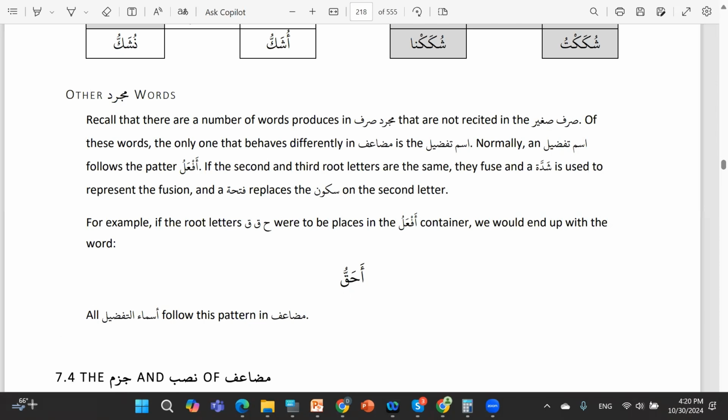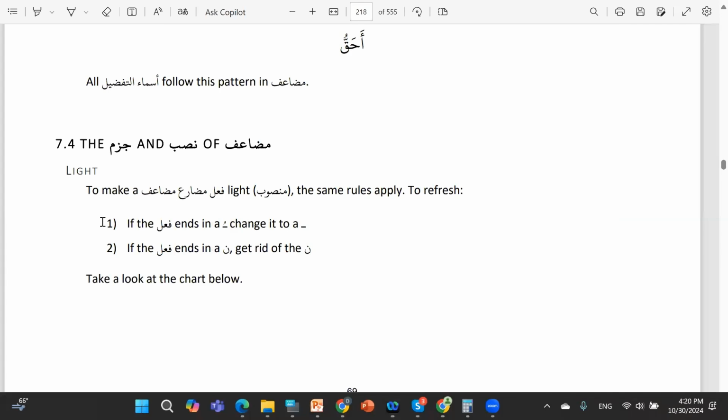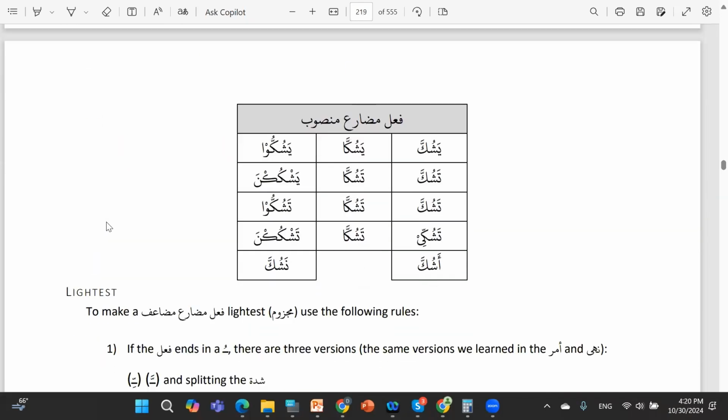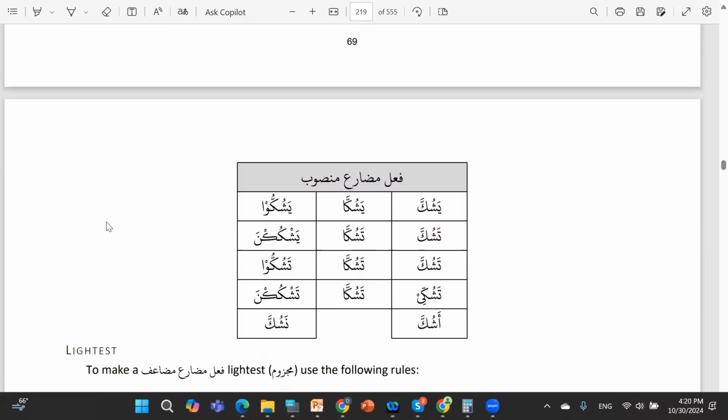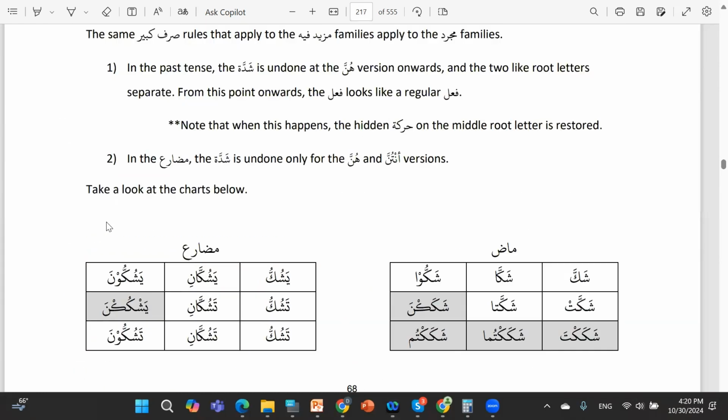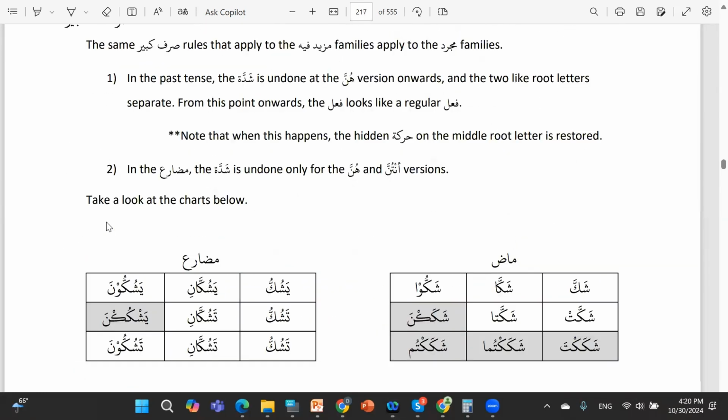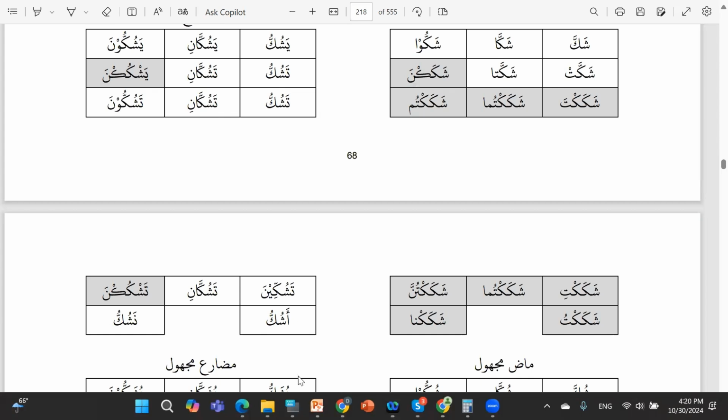Now, this thing I told you in the previous lesson also: the three forms of forbidding and commanding occur in the anta version only. Why? Because anta has dhamma at the end.